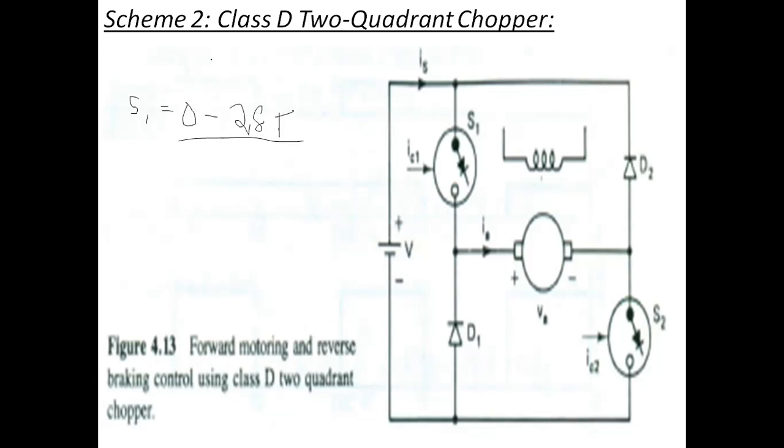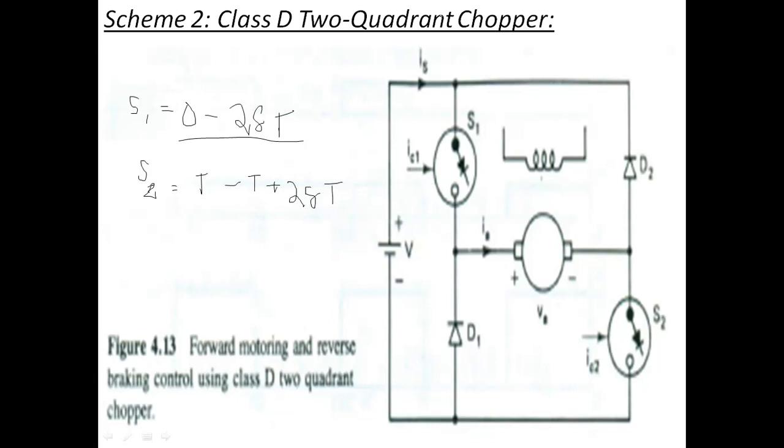Switch S2 is turned on at t and turned off at t plus 2 delta t. So the S2 interval is from t to t plus 2 delta t.